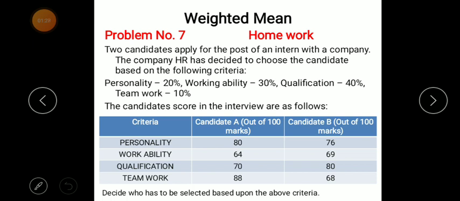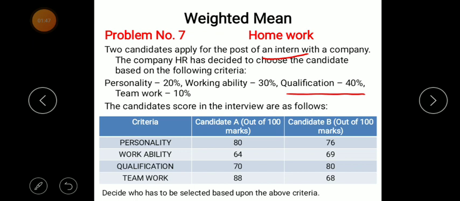Two candidates are applying for the post of an intern with a company. The company HR has decided to choose the candidate based upon the following criteria. In this, qualification is the most important.